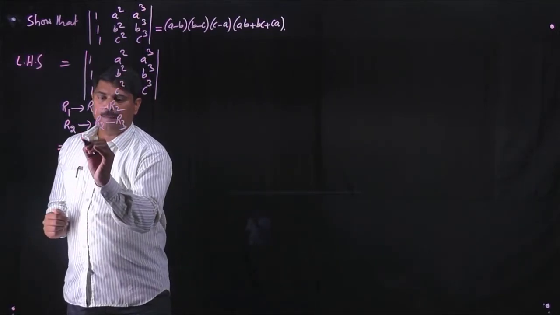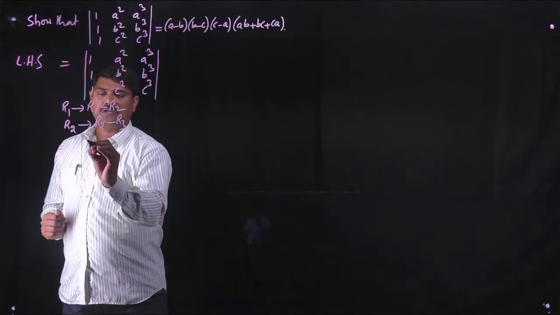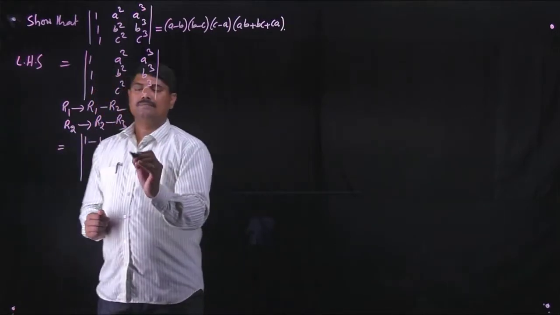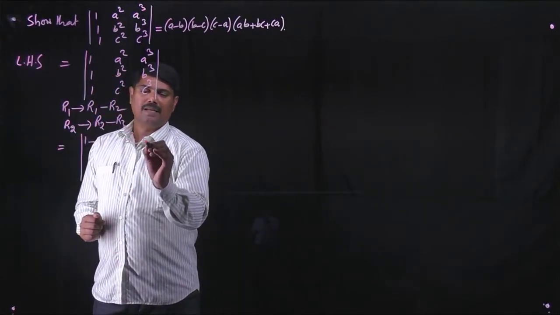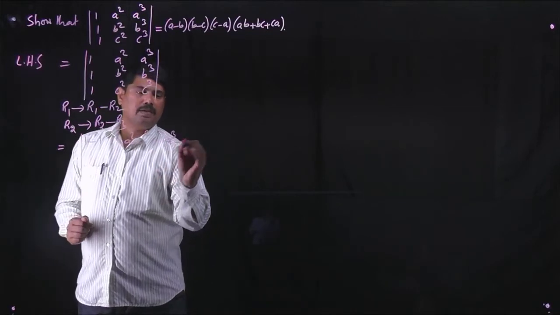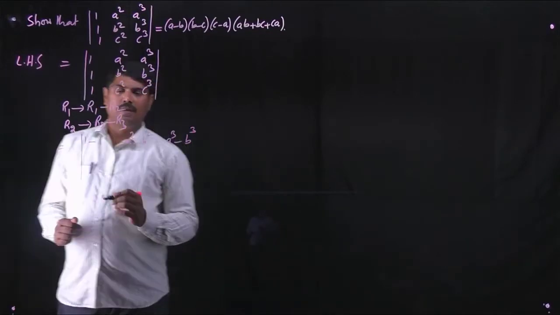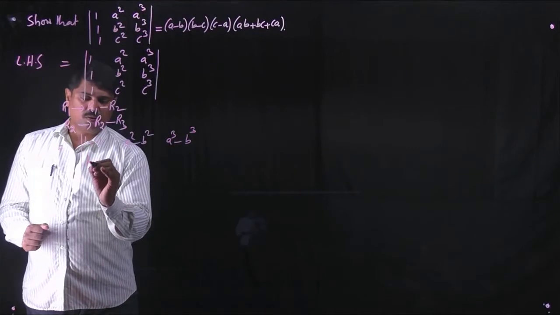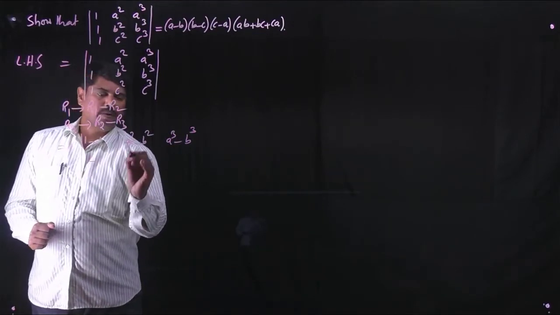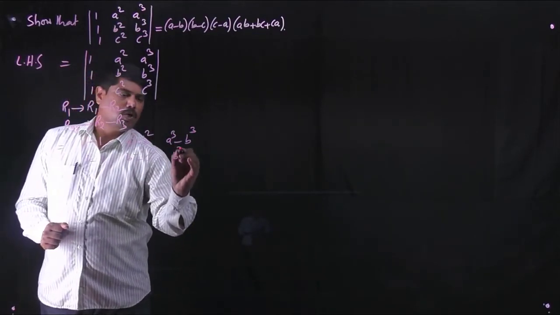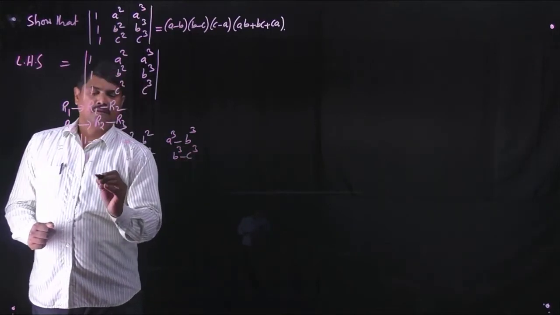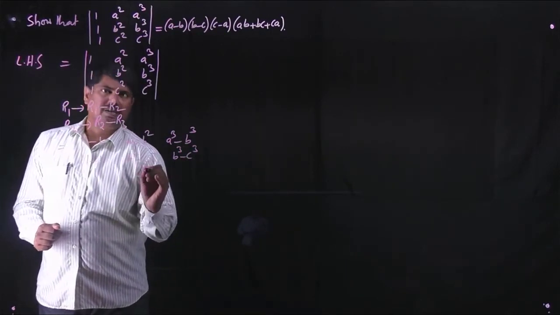So later applying that one, R1 minus R2: 1 minus 1, A square minus B square, A cube minus B cube. And the second row becomes 1 minus 1, B square minus C square, B cube minus C cube. Third row remains the same. I am not changing that one.